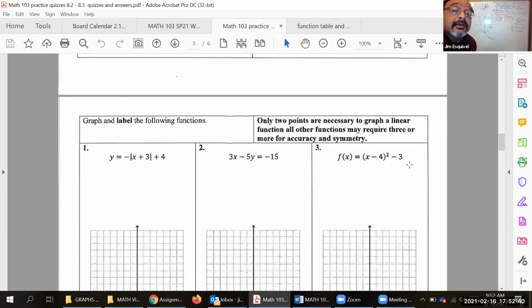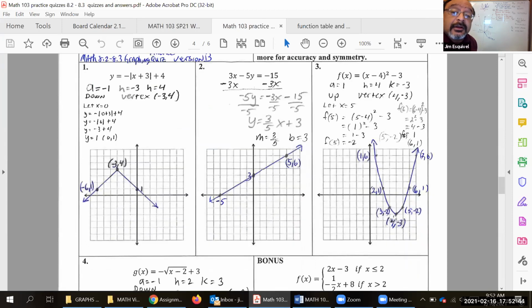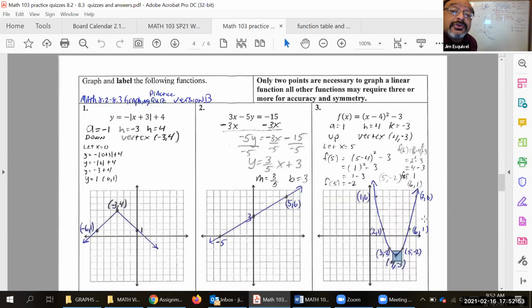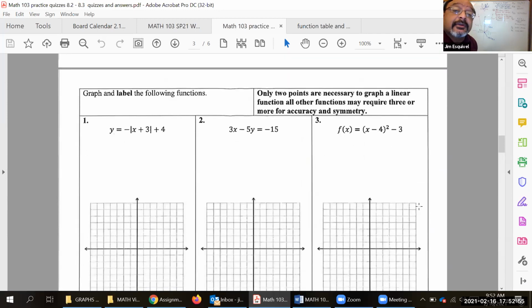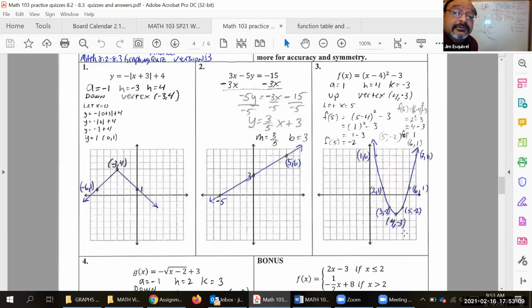And then this equation right here, the vertex is right here at 4, -3. So something happened when I wrote the problem in this form that moved the vertex from where it used to be, 0, 0. It moves the vertex over here to 4, -3.